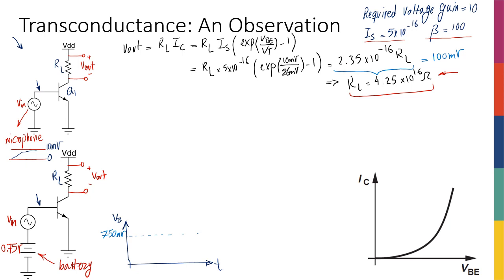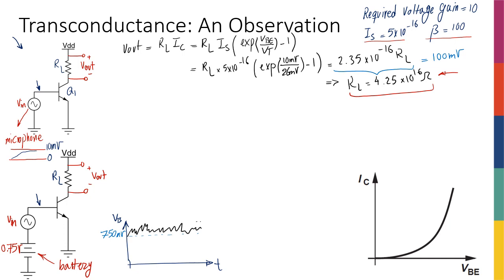On top of that, depending on the volume of somebody's voice talking to this microphone, we're going to get different magnitudes, somewhere between 0 and 10 millivolts. So if the base is 750 millivolts, you're going to go up from here, depending on the sound, up to 10 millivolts from here.